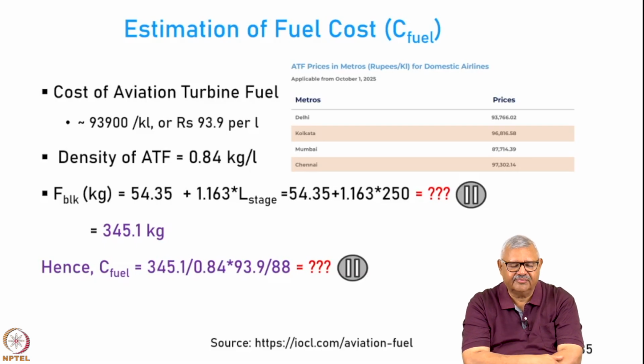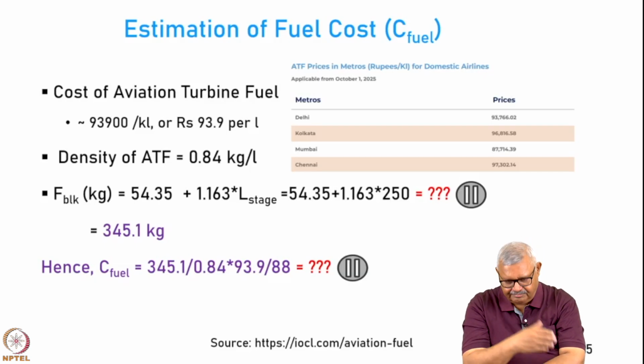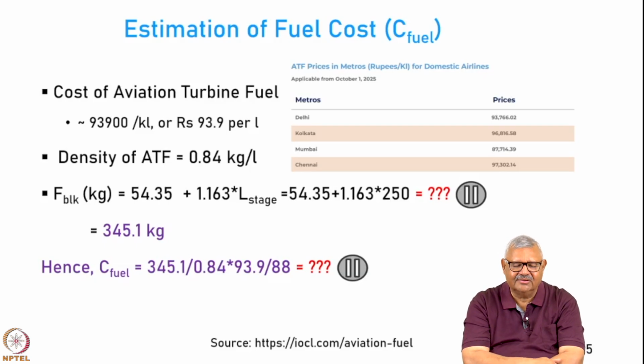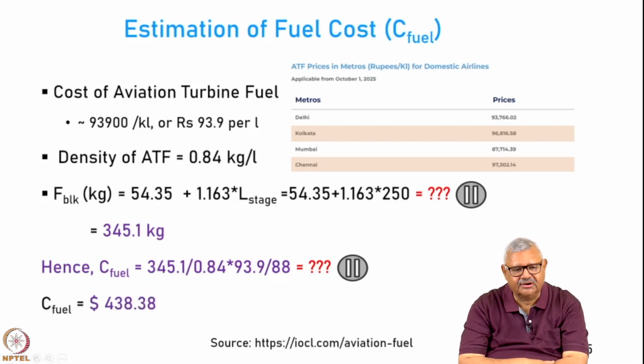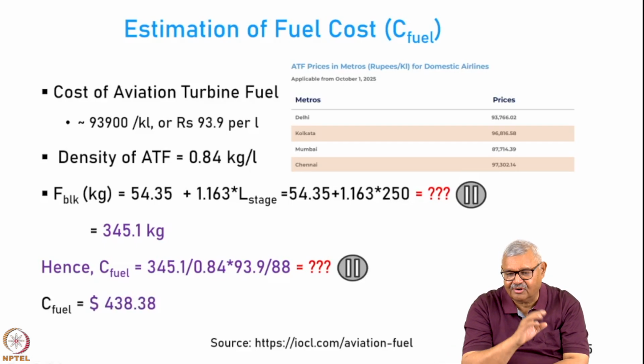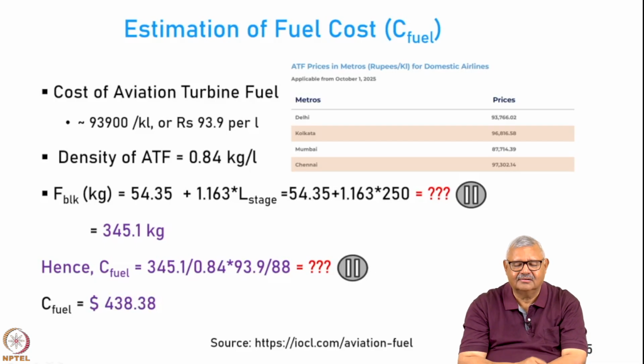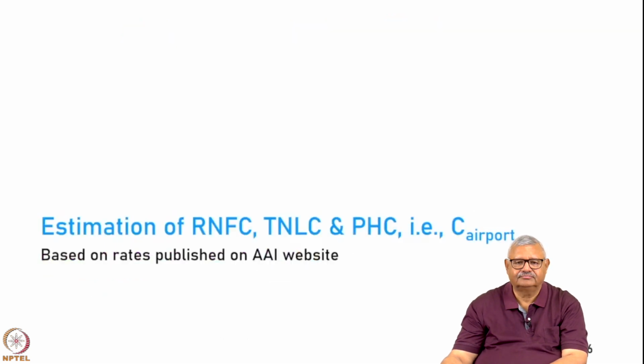So, the cost of the fuel in US dollar per trip is estimated by this formula. Please take a pause here, calculate this number and tell me the value. The value I got is 438.38, the largest component so far, I think, apart from standing charges. So, such a large amount of money has to be spent on fuel.